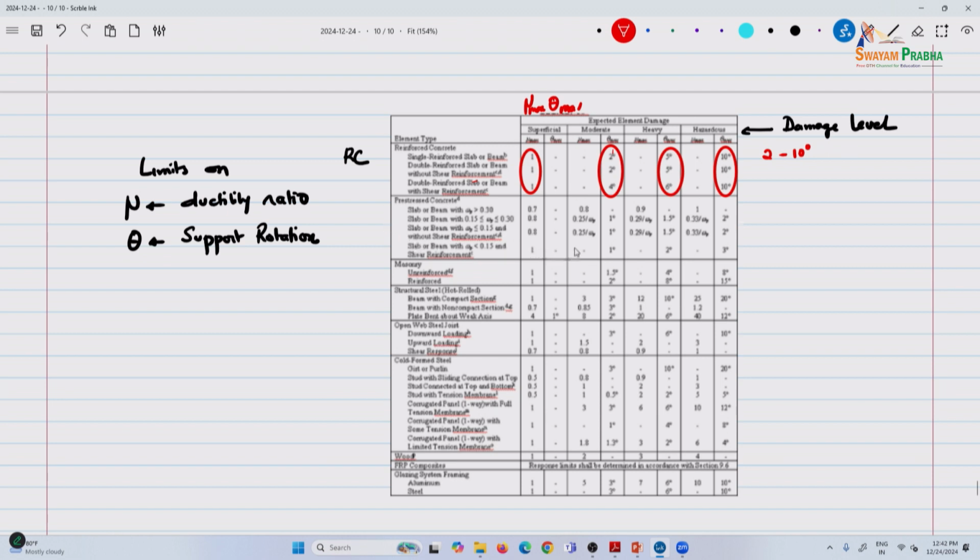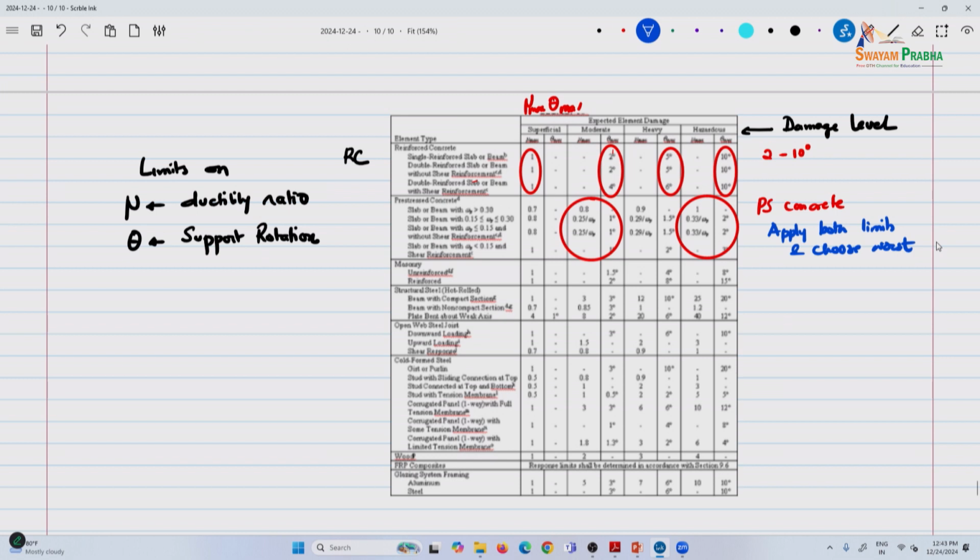Pre-stressed concrete, again you have mu and theta. What we do here is apply both limits and choose the worst, the lowest load, the least load that causes either one of them.